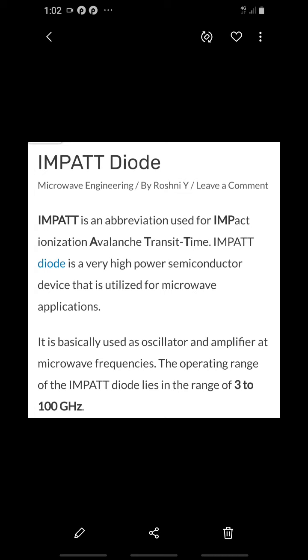It is basically a PN junction diode and is reverse biased to break down. In this, an avalanche of electron-hole pairs is created by impact ionization in the high field depletion layer of the device. The oscillations are produced by the transit time effect.